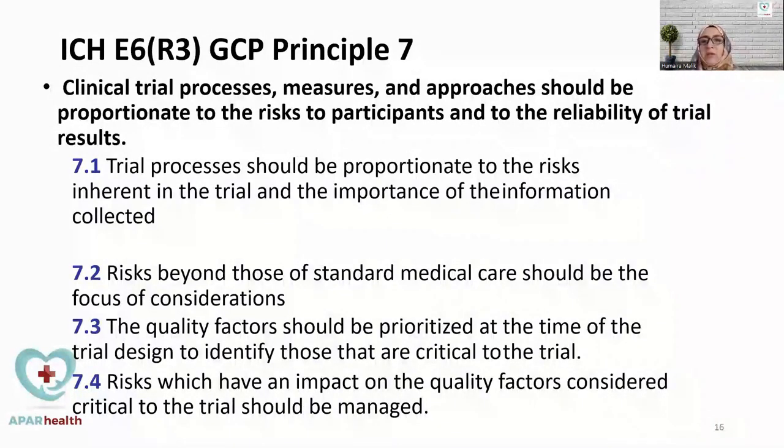So that should be our main focus. So quality factors should be prioritized at the time of trial design, and those that are critical to the trial. Risks which have an impact on the quality factors should also be managed properly in the trial.